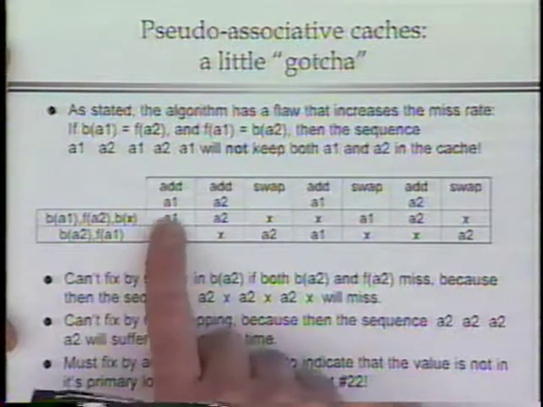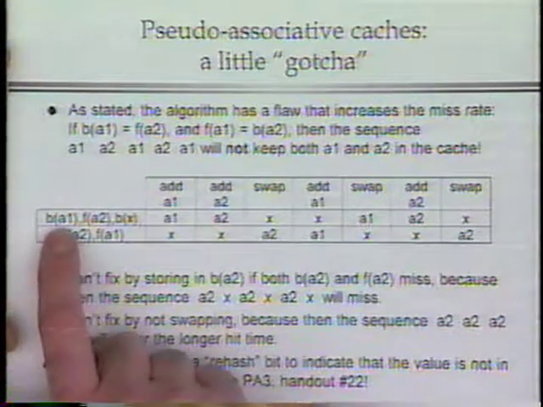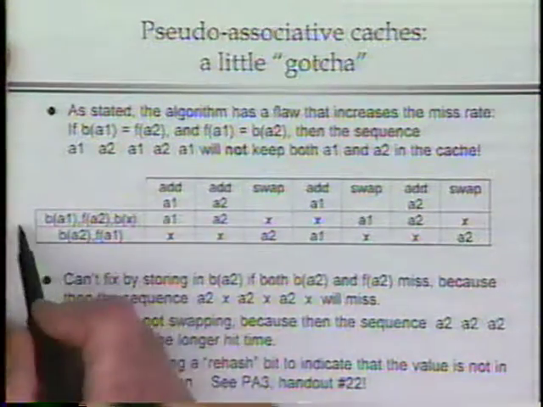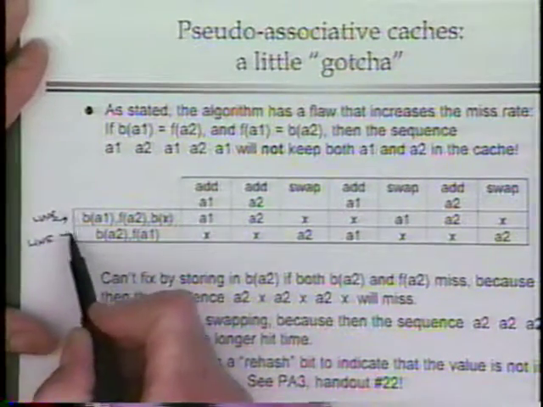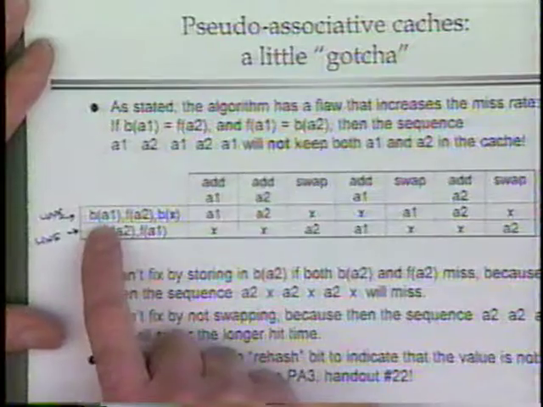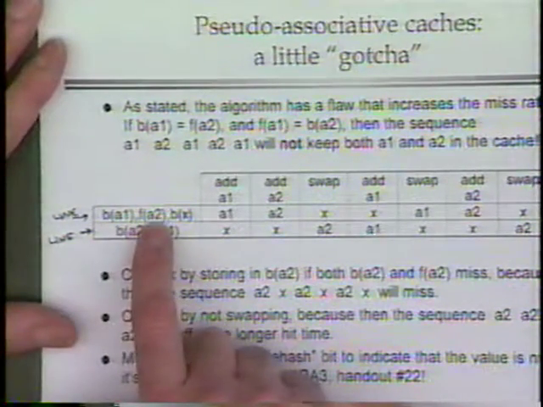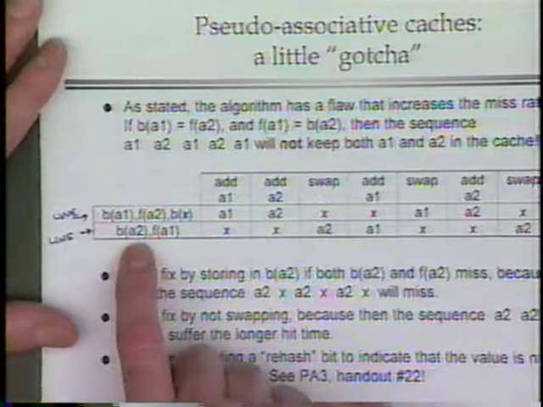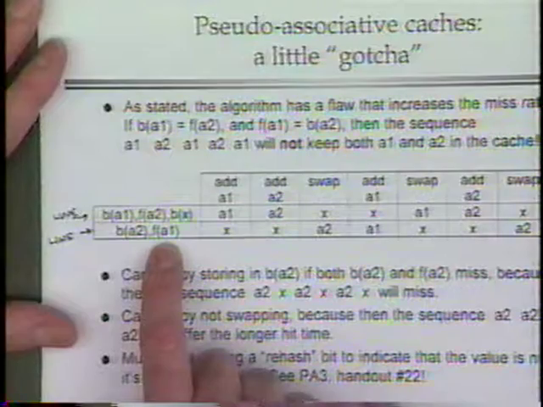Let's take a look at a case where we're alternately referencing A1 and A2. Here, this is one line in the cache, and this is another line in the cache. This first line is the first place you check for A1 and the second place you check for A2. And the second line is the first place you check for A2 and the second place you check for A1.